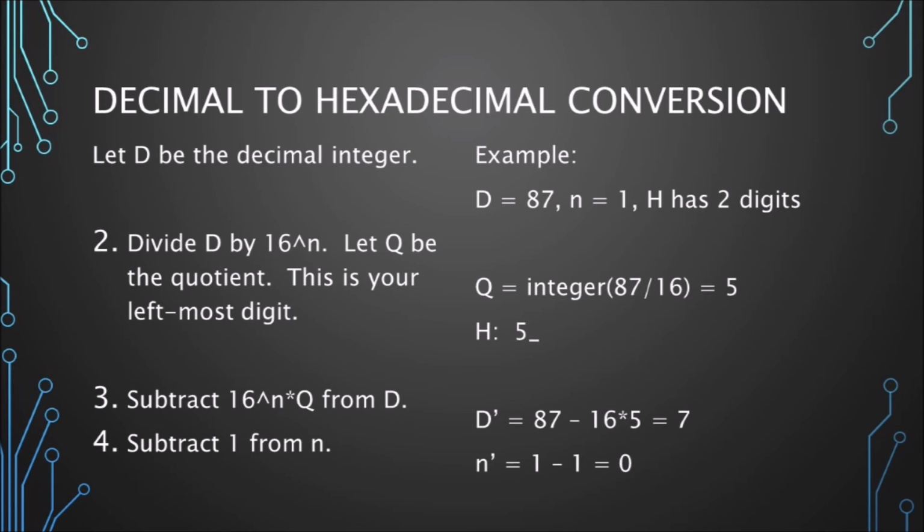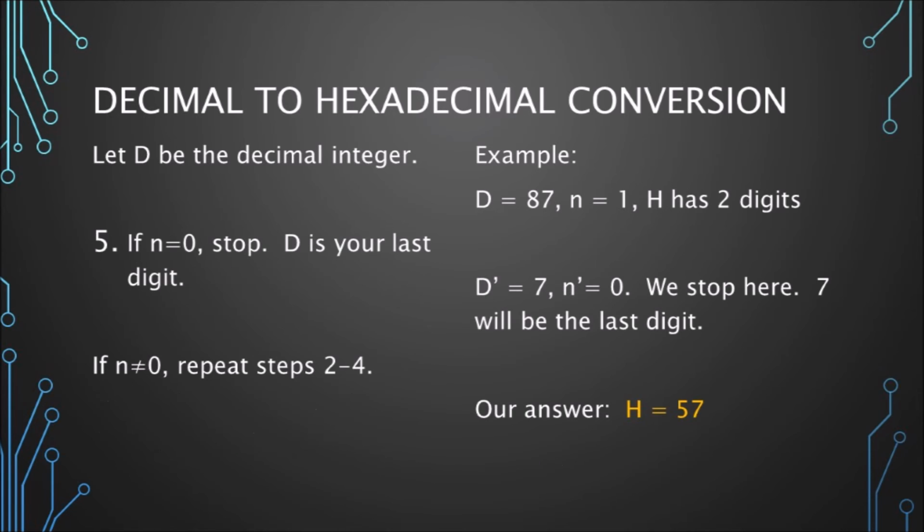Divide 87 by 16. The quotient is 5, which represents our leftmost digit in our answer. Then, 87 minus 16 times 5 gives the new value of D, which is 7. n is reduced to 0. Step 5. If n is equal to 0, stop. Whatever is left in D represents your last digit.